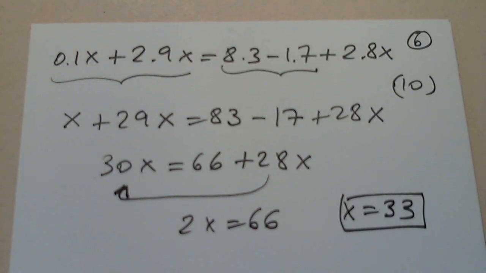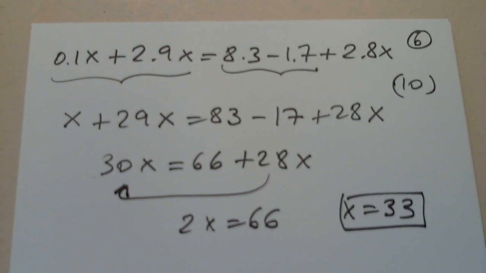And it's very easy. If you have the calculator, it's really very easy. You plug in the left-hand side, so we have 0.1 times 33 plus 2.9 times 33. And the left-hand side is 99. If the right-hand side is not 99, then I'm in trouble. 1.7 times 33 plus 2.8 times 33.